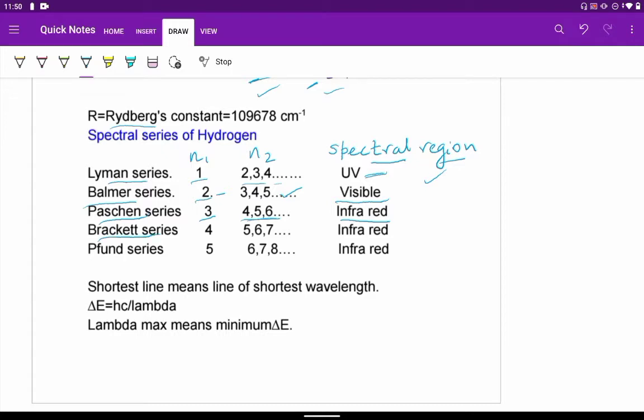The next in this series is Brackett series, in which the n1 value is 4, that is the electron jumps back to the fourth energy level from the n2 values 5, 6 or 7, again giving this Brackett series in the infrared spectral region. Fifth series is Pfund series, in which the lower energy level to which the electron jumps back is the 5th, from the 6th or 7th or 8th energy levels. Here also the spectral region is infrared.